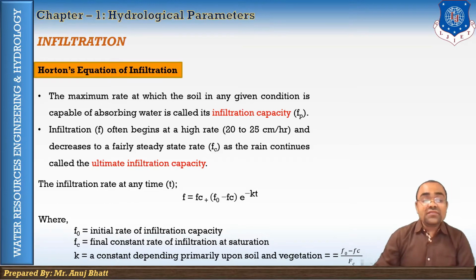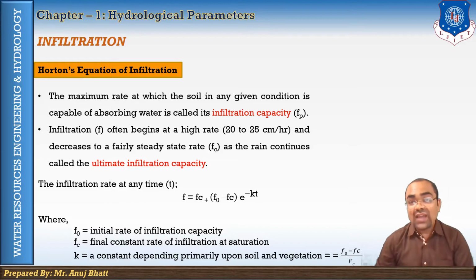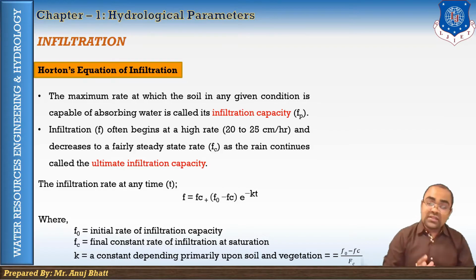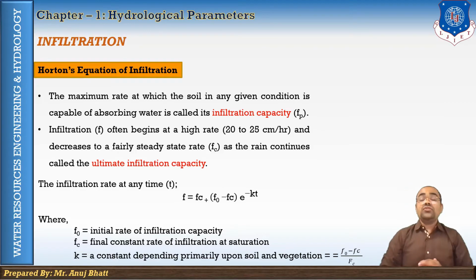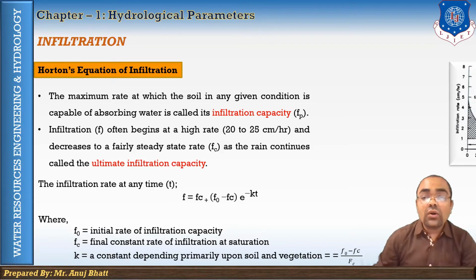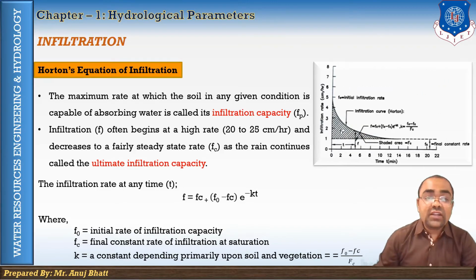Here f0 is the initial rate of infiltration capacity. fc is the final constant rate of infiltration at the saturation point. And k is a constant depending upon the soil and the vegetation, with the value of k being (f0 - fc)/fc. Along with that, this is a graph that Horton developed for the infiltration rate.